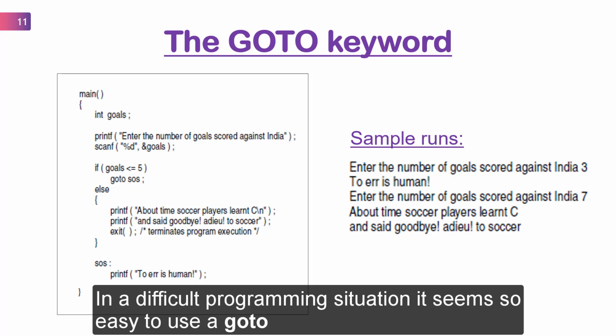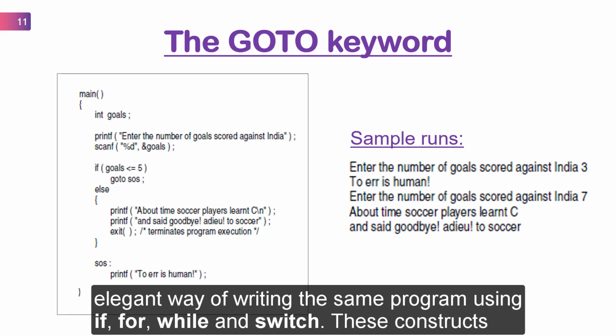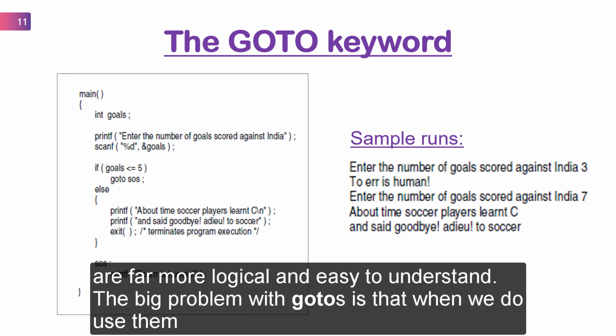In a difficult programming situation, it seems so easy to use a goto to take the control where you want. However, almost always there is a more elegant way of writing the same program using if, for, while, and switch. These constructs are far more logical and easy to understand.